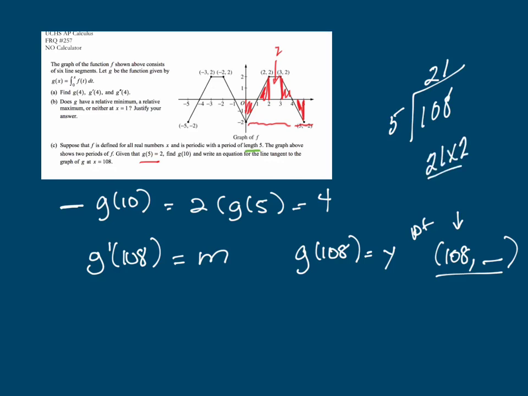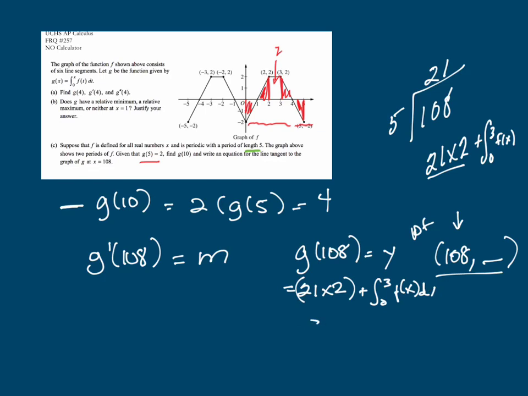That would be the g of 5s. And then you have to go plus the integral from 0 to 3 of f of x, right? So let's just write it out: 21 times 2 plus the integral from 0 to 3 of f of x dx.